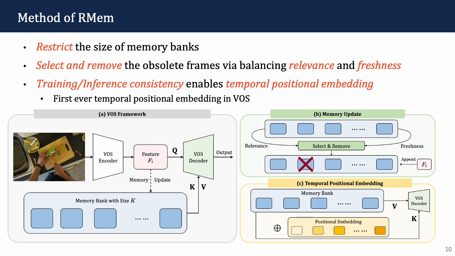Specifically, we design a set of learnable positional embeddings to be appended to the memory bank features, so that the VOS methods are aware of the temporal order of the features. Just to highlight, this is the first ever temporal positional embedding for VOS methods.